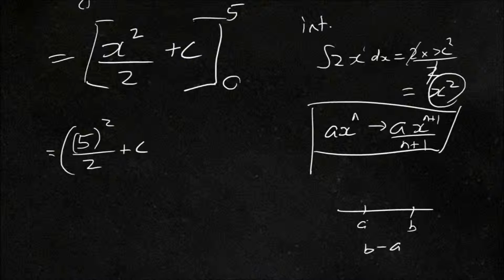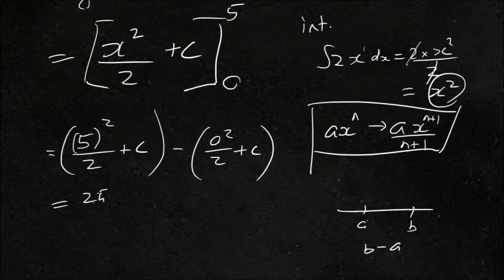So you can see I substitute the 5 in for the x, minus a, which is 0. So we've got 0 squared over 2 plus c. So that's 25 over 2 plus c minus 0 plus c. So that's minus c. You can see that the c's cancel in this case, which I'll discuss later.